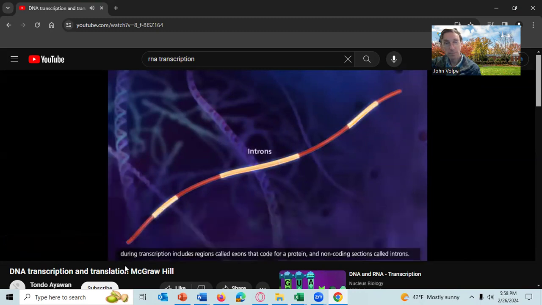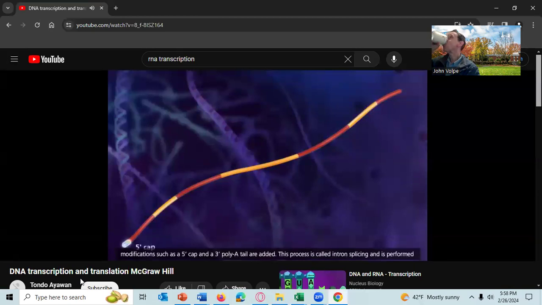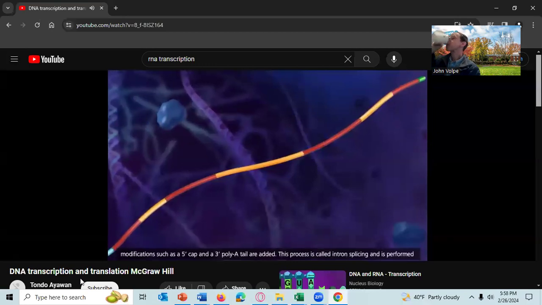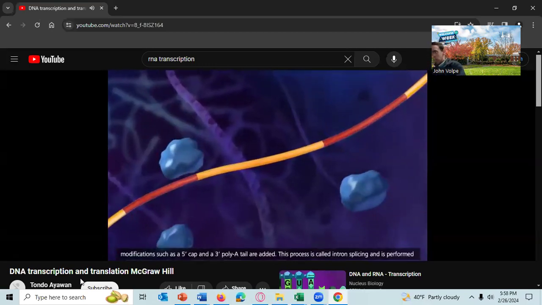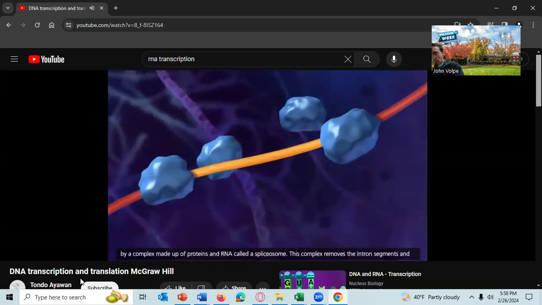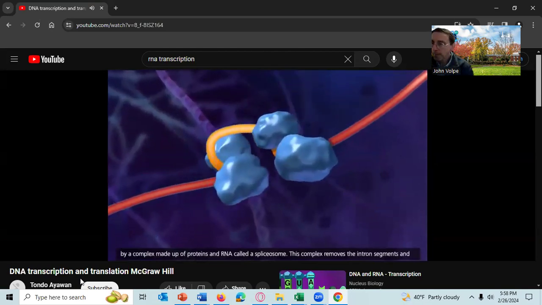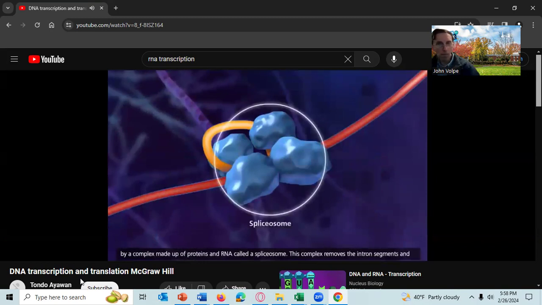Actions called introns. In order for the messenger RNA to be used in translation, the non-coding introns need to be removed, and modifications such as a 5' cap and a 3' poly A tail are added. This process is called intron splicing and is performed by a complex made up of proteins and RNA called a spliceosome.